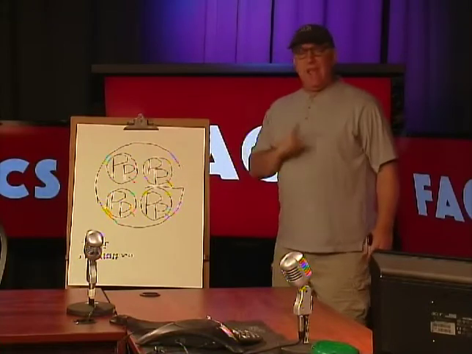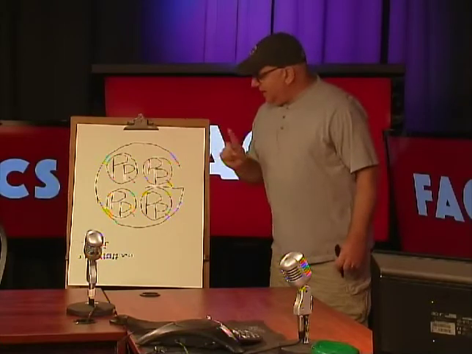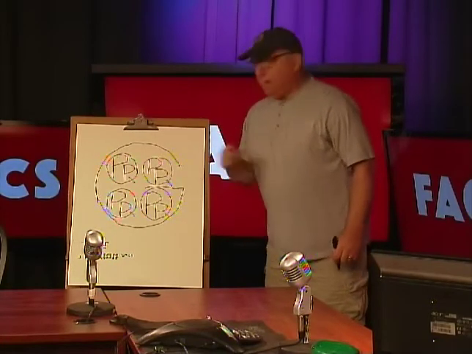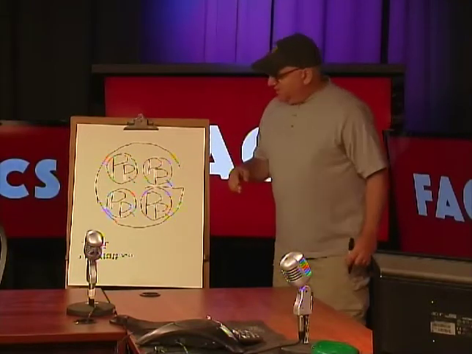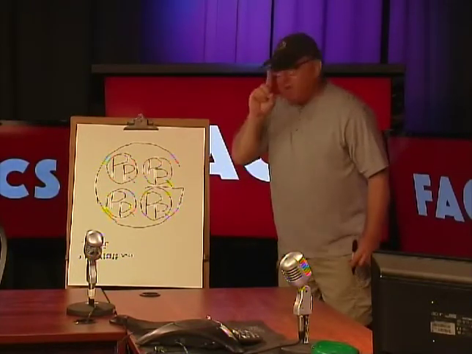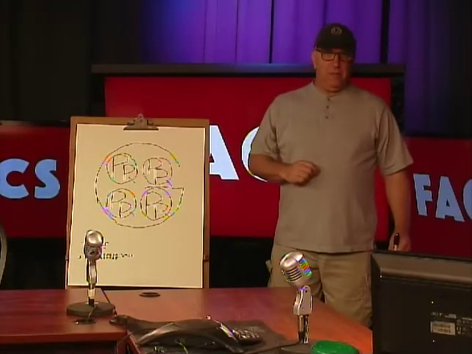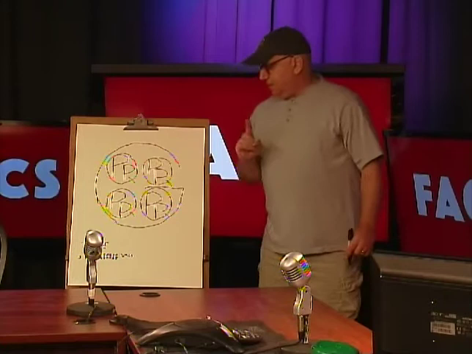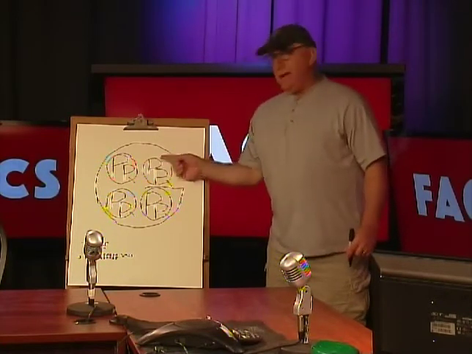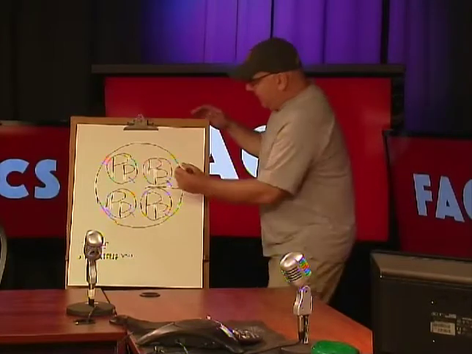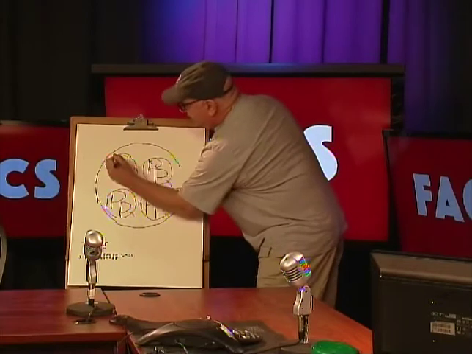If there's 8 ounces in a cup and 16 ounces in a pint, how many cups are in a pint? 2. Now you're talking entertainment, ladies and gentlemen.